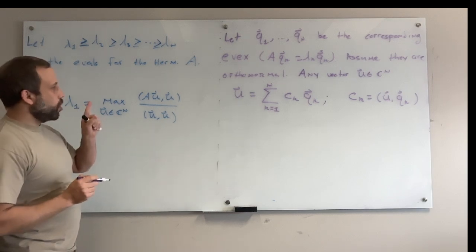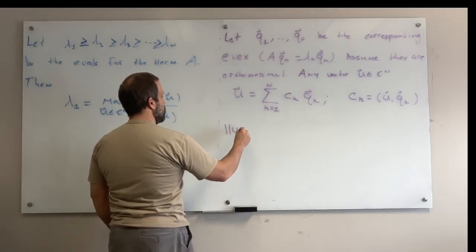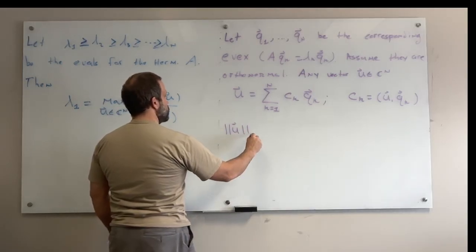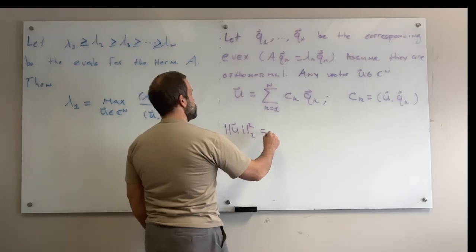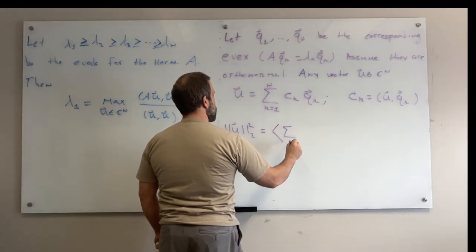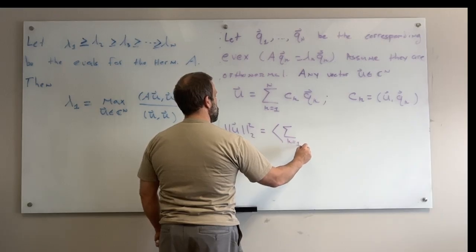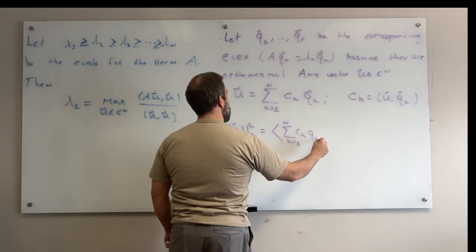Okay, so I haven't proven this yet. You probably already know it. But notice if I compute the 2 norm squared, this is just going to be the inner product of u with itself. So I'm going to have the sum k equals 1 to n, ck qk, with the sum of cj qj.